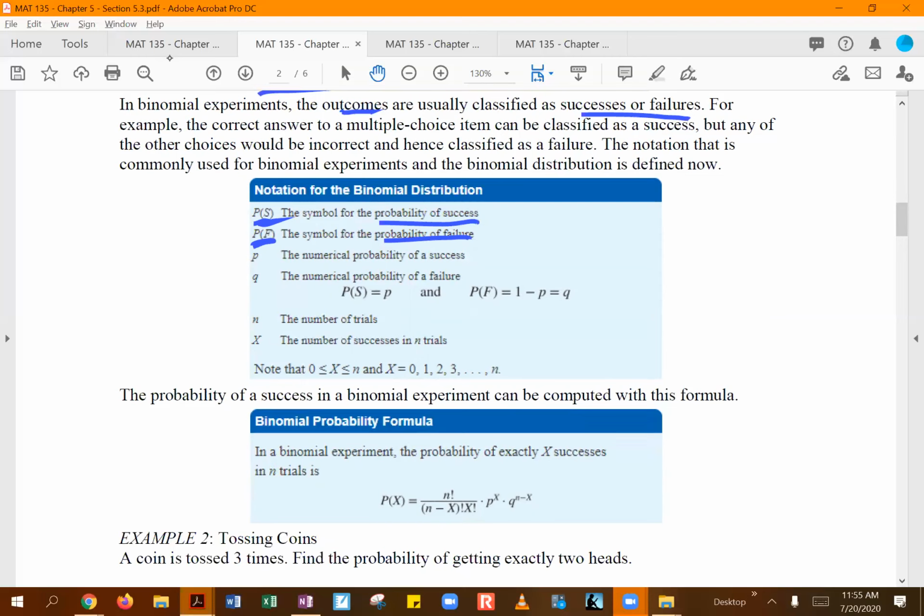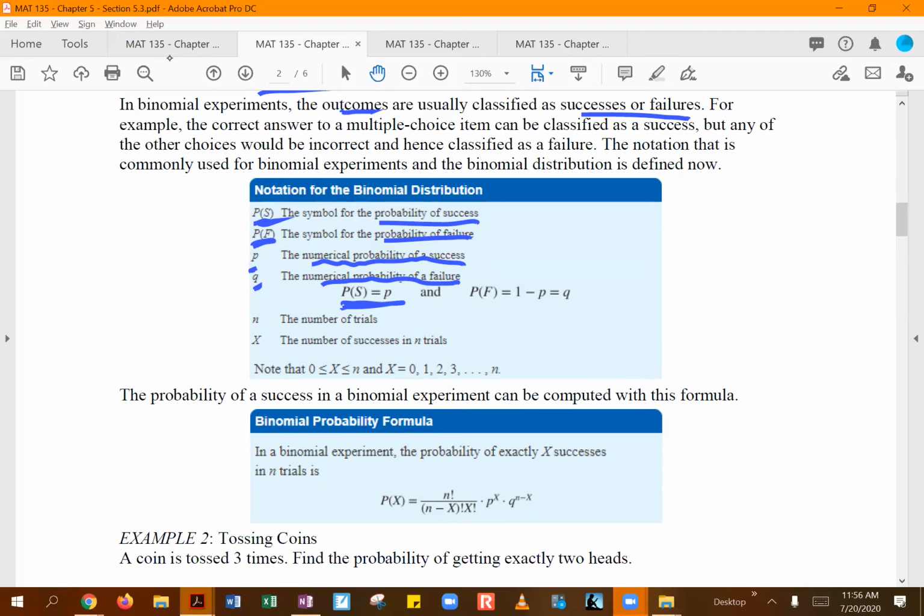As a numerical probability, we can use the variable P for probability of success. So that's this little equation over here. And you can think of Q as your numerical probability of failure.